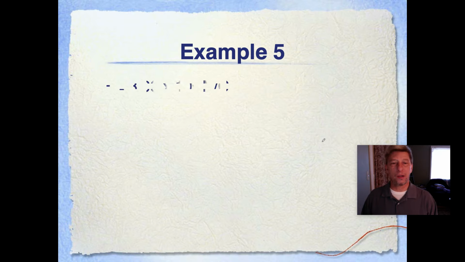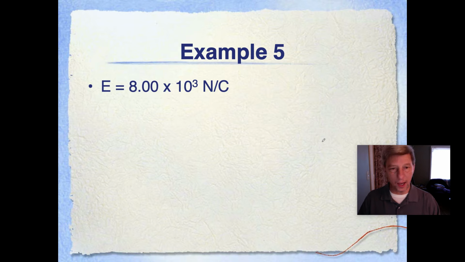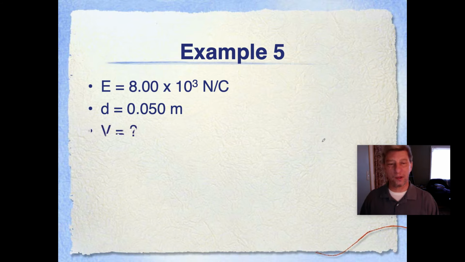The electric field intensity is 8.00 times 10 to the 3rd newtons per coulomb, the displacement is 0.050 meters, and my big question mark is the voltage that we're looking for.